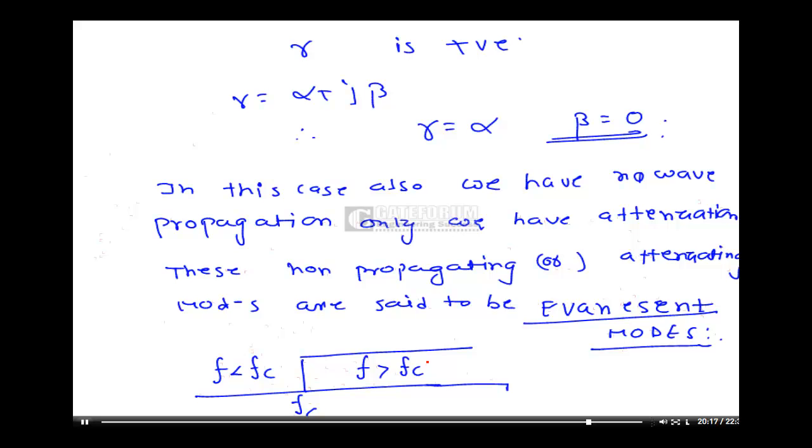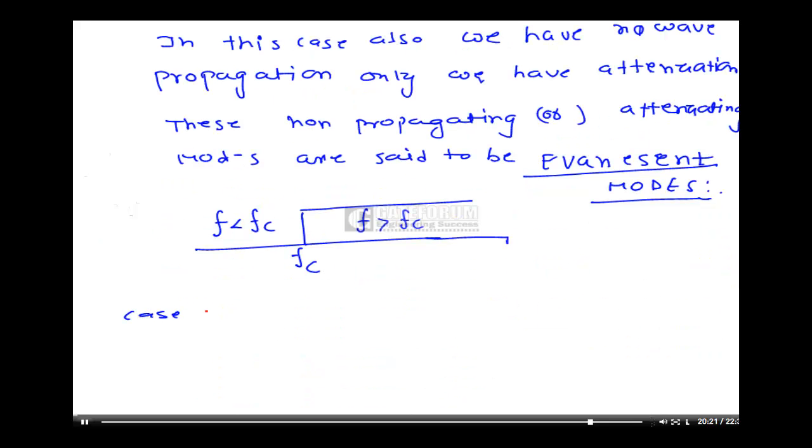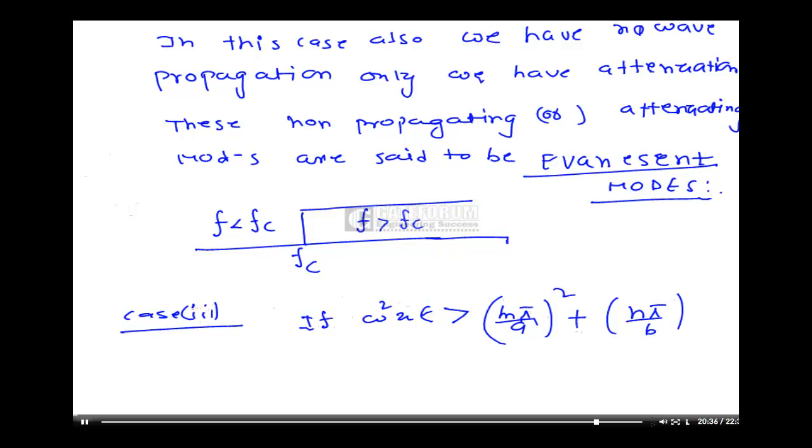In the third case, case 3, if omega square mu epsilon is greater than (m pi by a) whole square plus (n pi by b) whole square, then what is the situation?